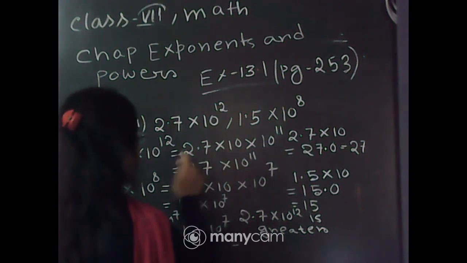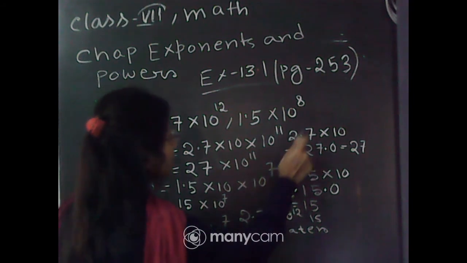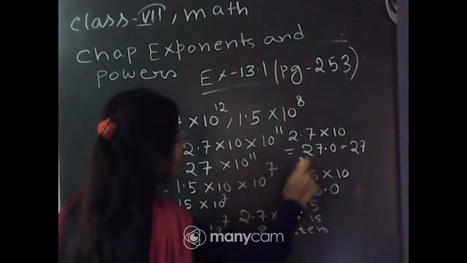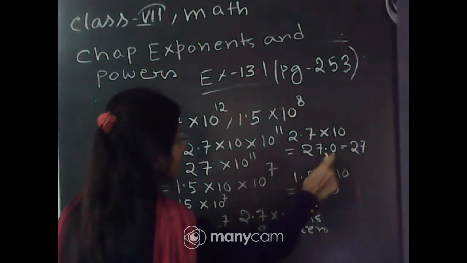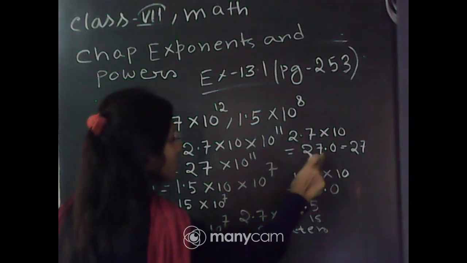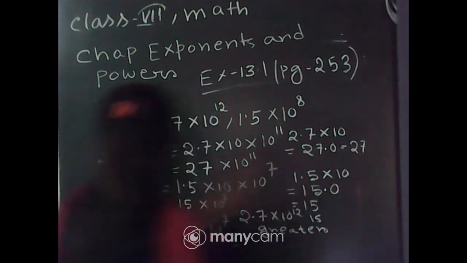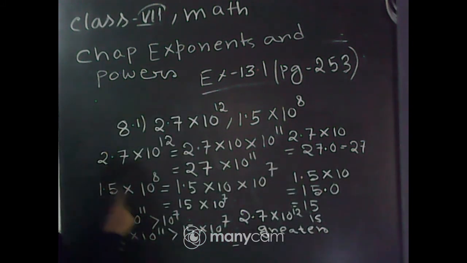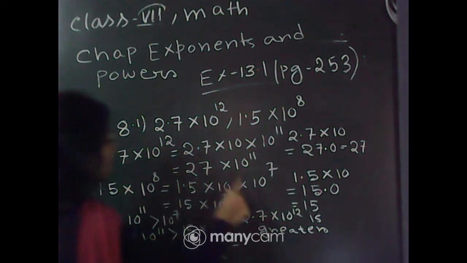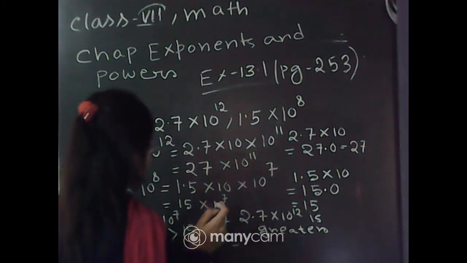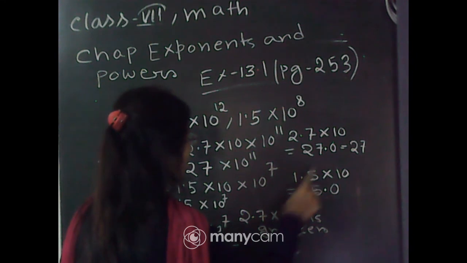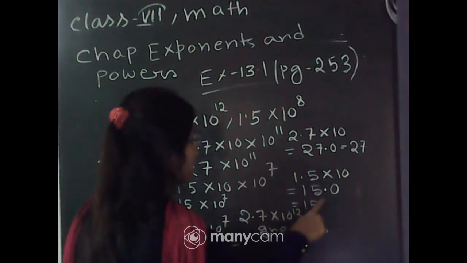Now 2.7 into 10 is equal to 270, and the decimal point is here. So the answer is 27, and similarly 1.5 into 10 to the power 8 is equal to 1.5 into 10 to the power 7. Now 1.5 into 10 is equal to 15.